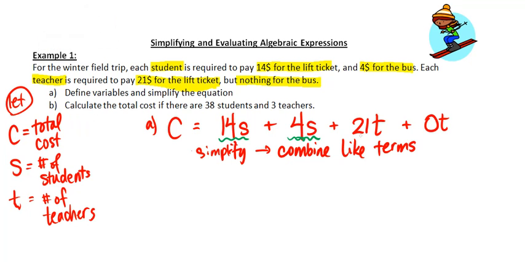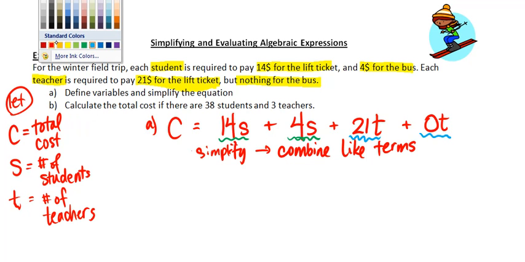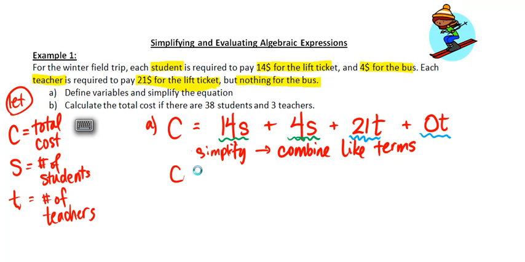And the teachers have to pay $21 per teacher and then another $0 for the bus. So if we combine these like terms, you can see that the total cost is equal to $14 per student plus $4 per student makes a combined $18 per student. And $21 per teacher plus nothing for the bus stays as $21 per teacher.